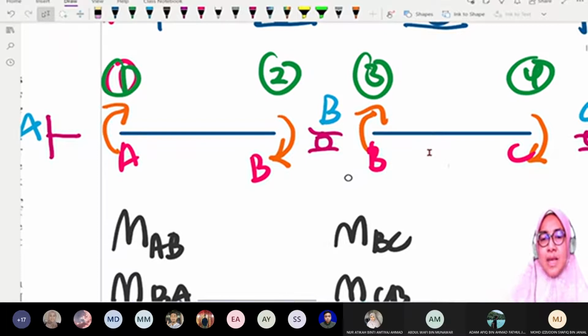But we need to understand the basic principle: when we draw the free body diagram of this beam, we draw it separately.